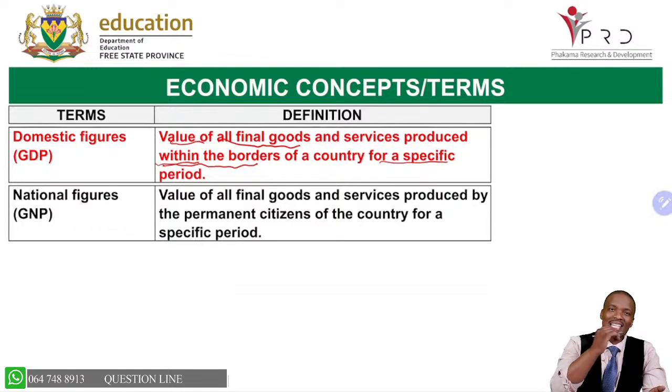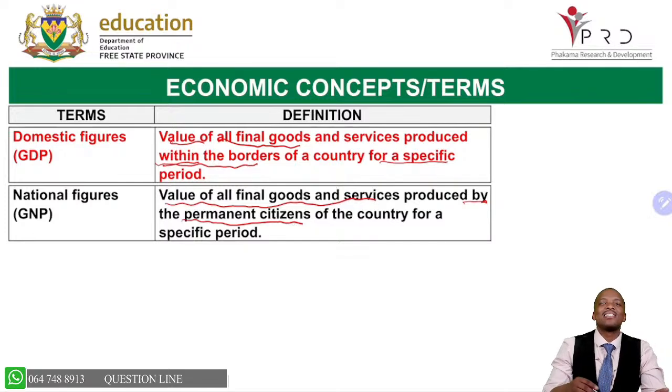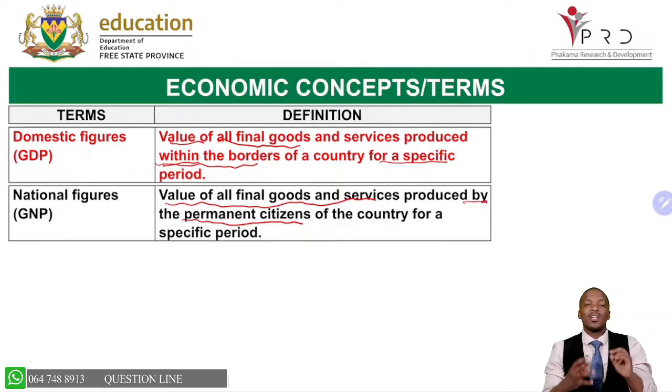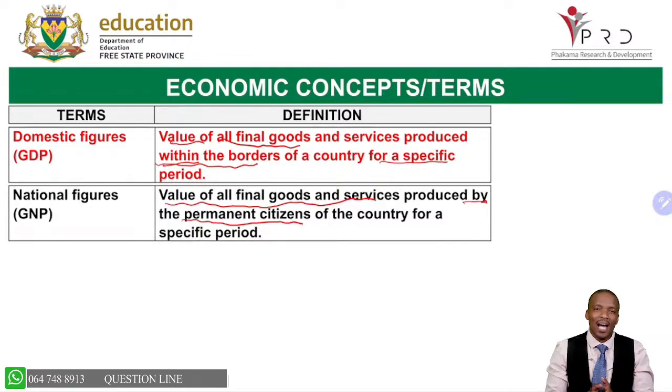This one starts the same as the other one. The value of all final goods and services produced, here is the key word, by permanent citizens of a country for a specific period of time. Okay, do you see now? So for national figures, we only focus on the permanent citizens of a country. They will give us what we call national figures.